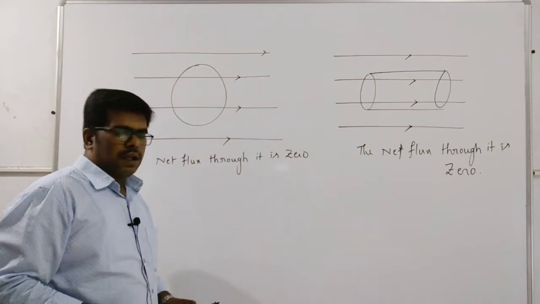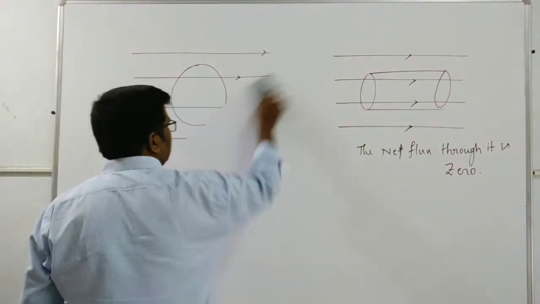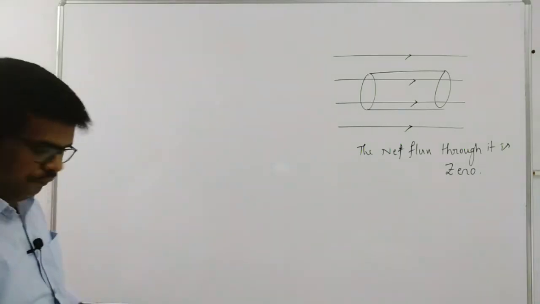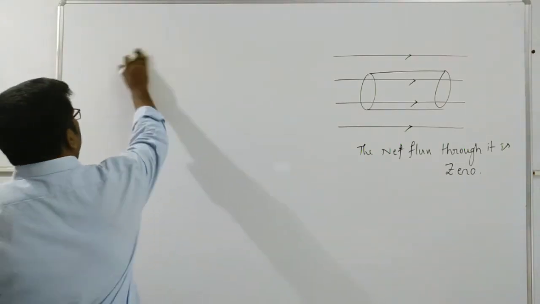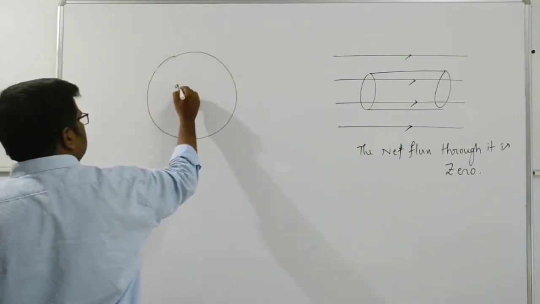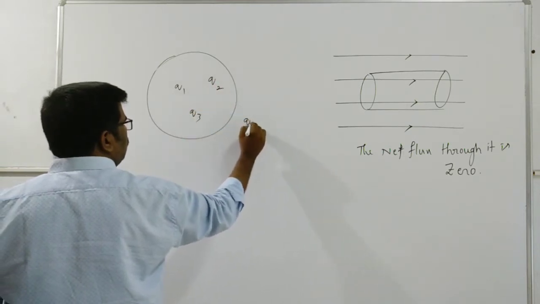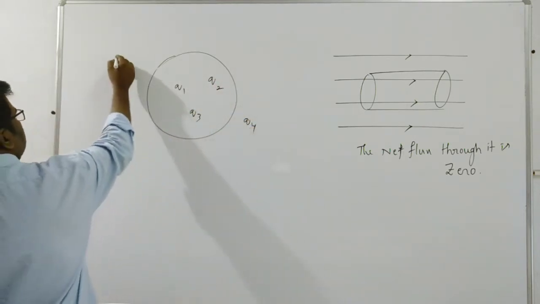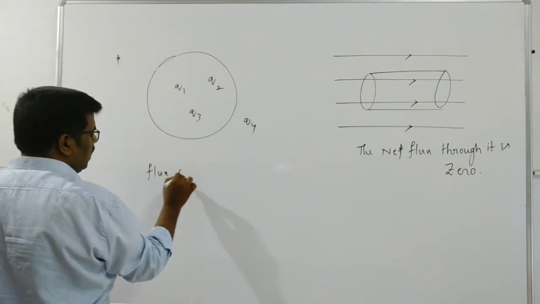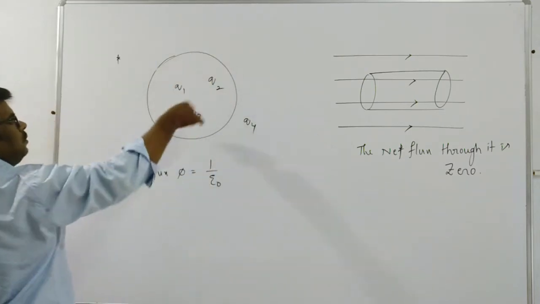Next, if a body encloses charges like this, we discussed the charges Q1, Q2, Q3, Q4. What is the flux through this closed surface? The flux through the closed surface is phi equal to 1 by epsilon naught times the net charge enclosed by the surface only.